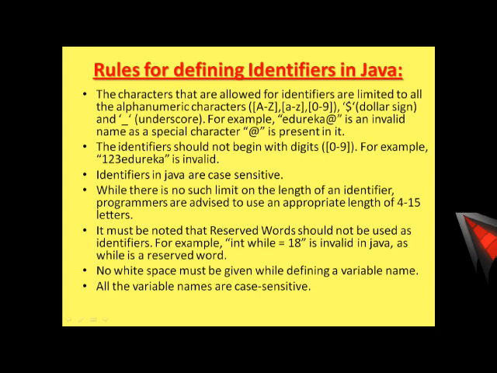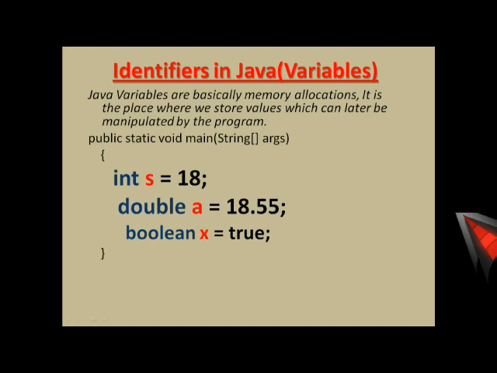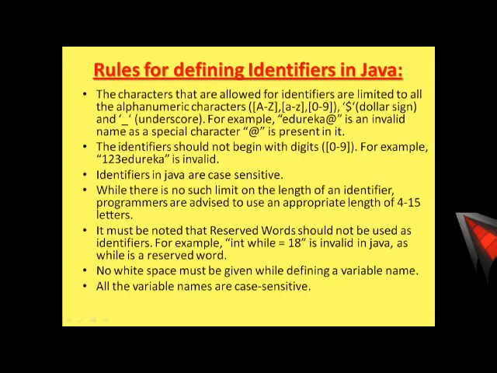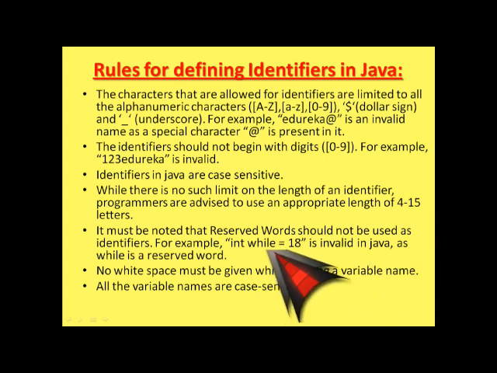We can write 0 to 9, but numbers cannot be used as the first letter of the class or the variable. Any kind of keywords we will not be able to use, and these are all case sensitive. Case sensitive means if somewhere I am using small s, then that name small s will be used everywhere. We cannot make it capital S. We have to stick to what we have written or declared.